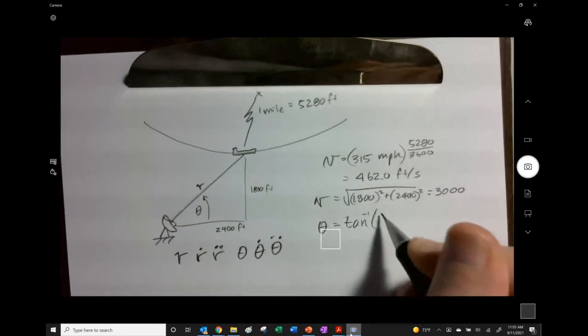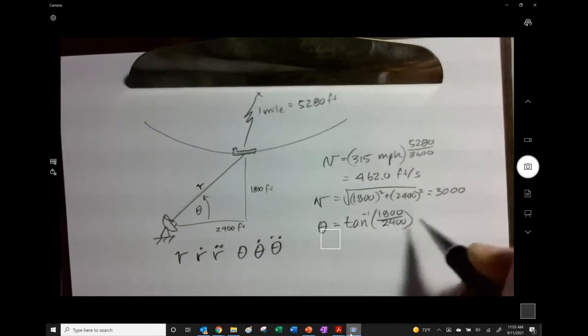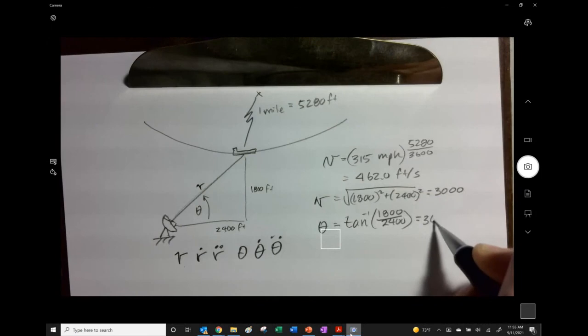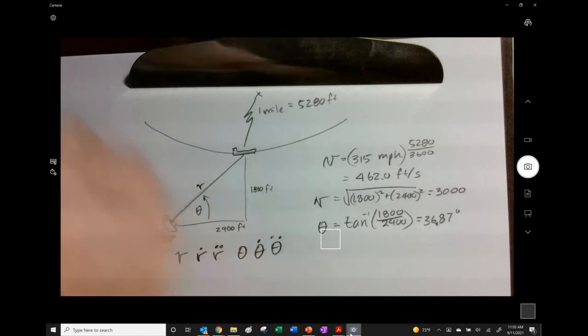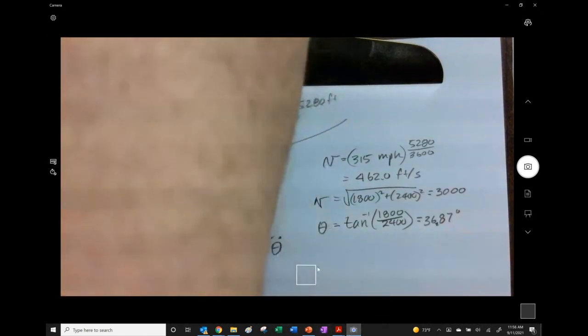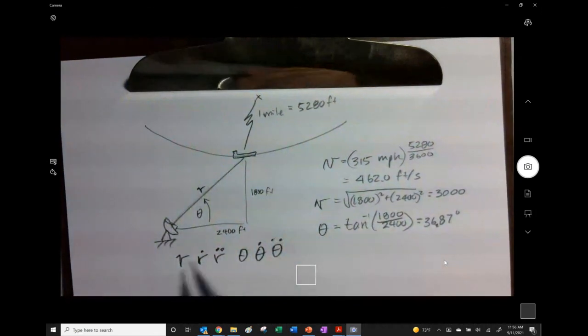So take the inverse tan of 1,800 over 2,400, but we know it's a 3, 4, 5, so it's going to turn out to be that very 36, yeah. We get that one a lot. All right. So we actually have 2 of these already. That's good news.